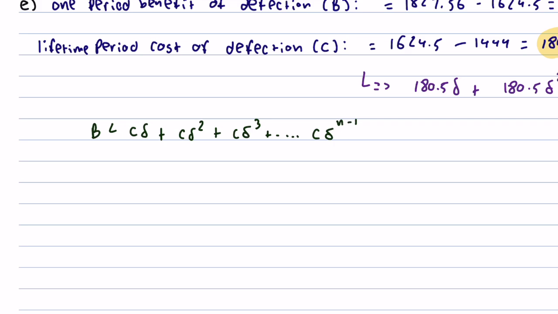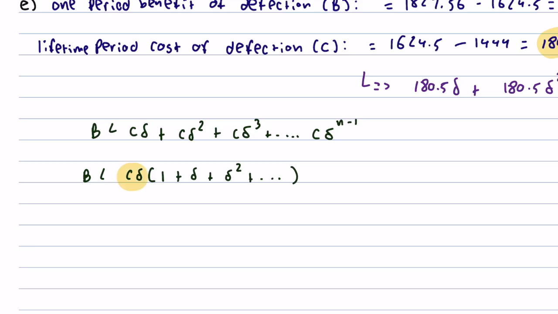We'll get the benefit must be less than C delta times (1 plus delta squared plus so on). We can just factor out the cost delta.